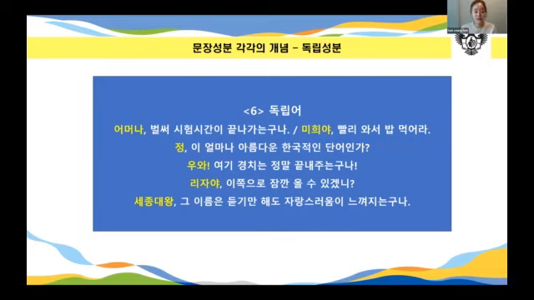Functioning as an independent language, there are exclamation, 감탄사 forms, and forms in which the vocative particle 호격조사 야 is combined with a noun, 체언, like 리자야, 미희야. So let's move on to the next page.